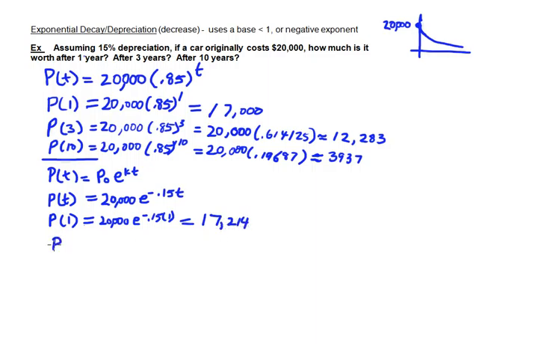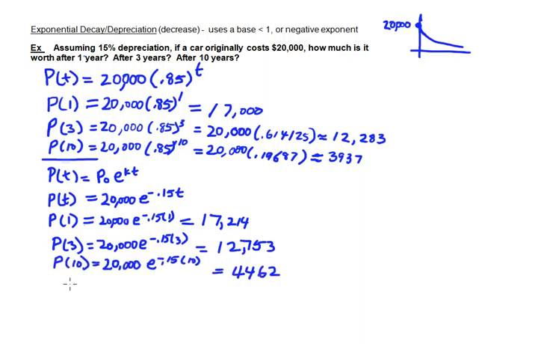And if we plug in for 3 years, we get that P of 3 is equal to about 12,753. And we can do a similar calculation at 10 years. And here we get that P of 10 is equal to about $4,462.